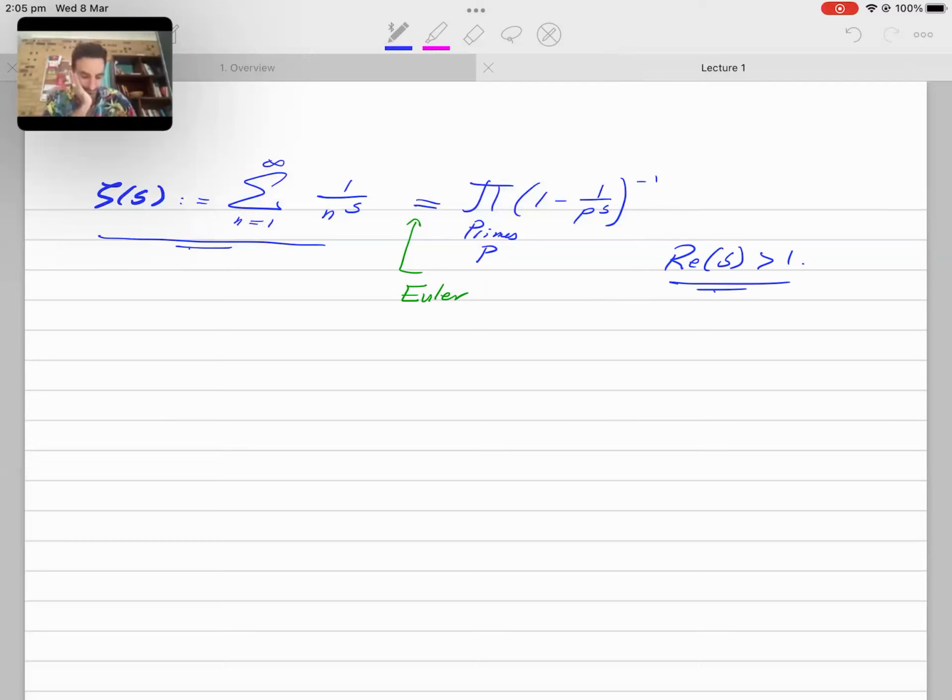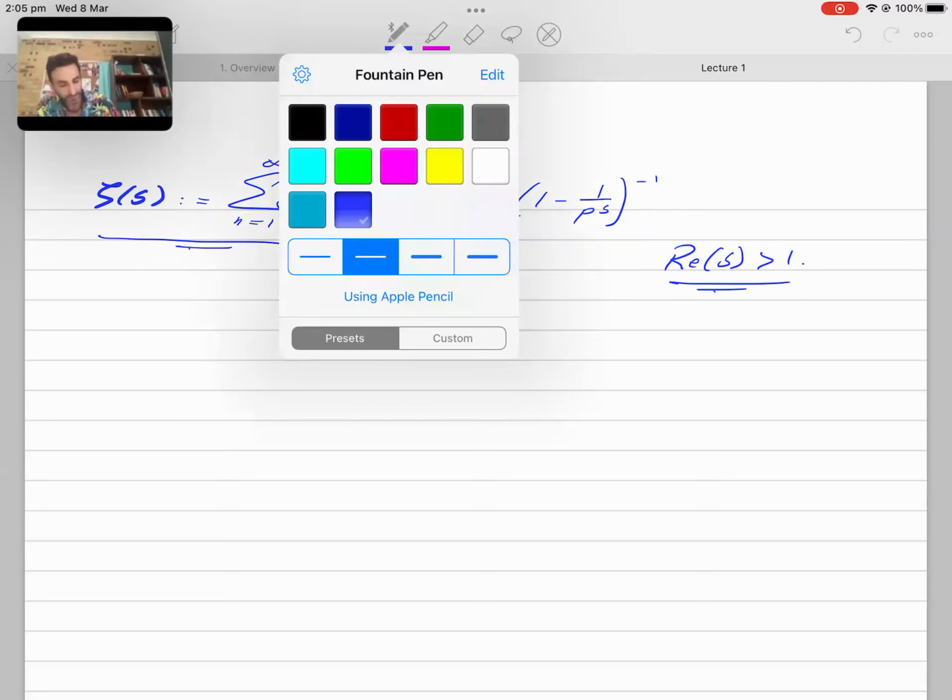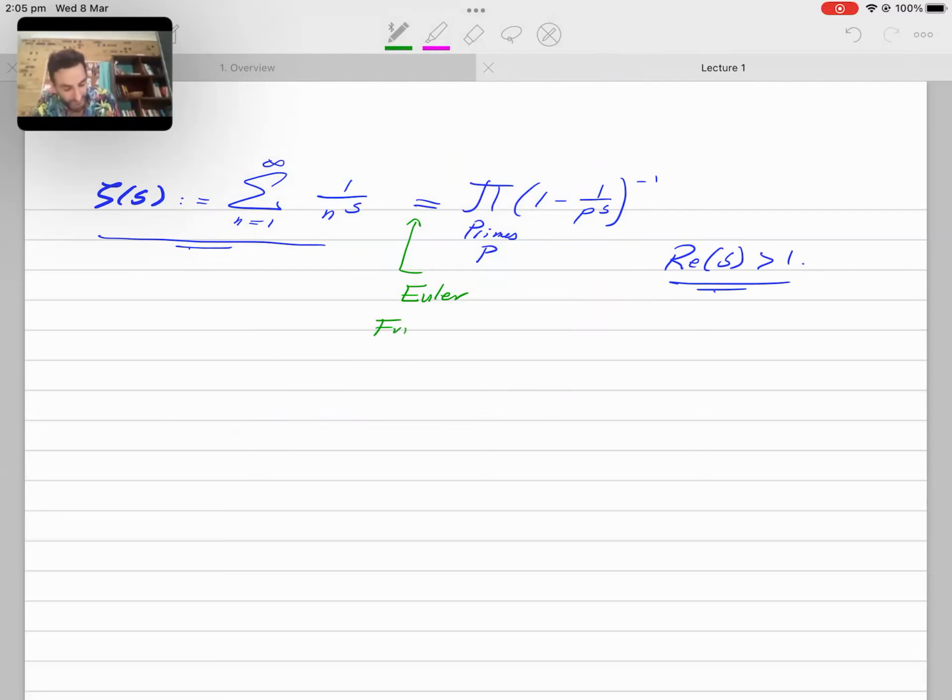Now, the left-hand side, 1 over n to the s, is something that you can give to anybody who learns some fractions and maybe some powers. So possibly even elementary school kids, you can give them the definition of the zeta function. That's one of the reasons that I like this definition. On the other hand, the right-hand side is a bit more subtle. Of course, one needs to know the primes, but they are also related. This is the restatement of the fundamental theorem of arithmetic, which was known to the ancient Greeks.